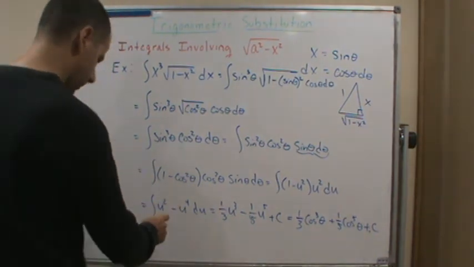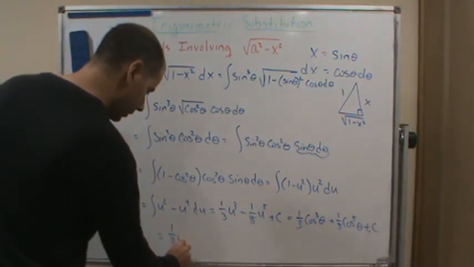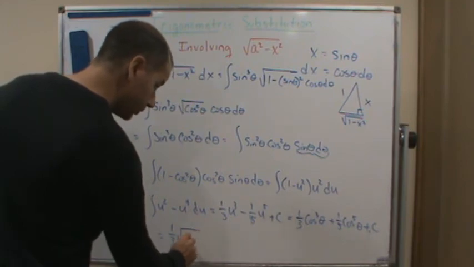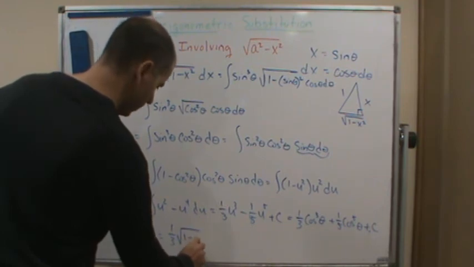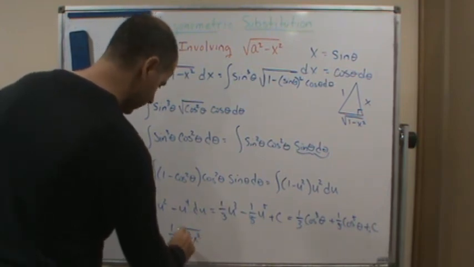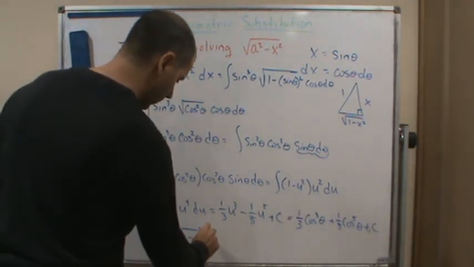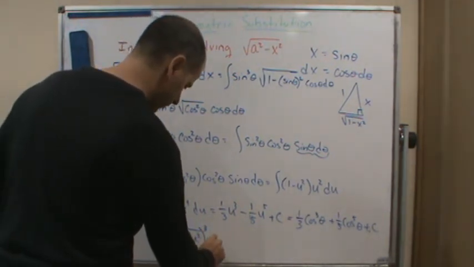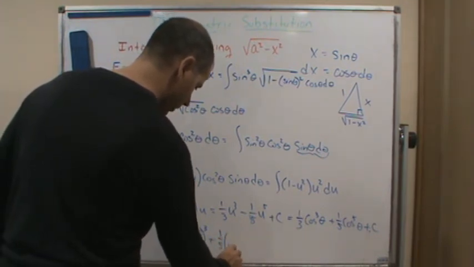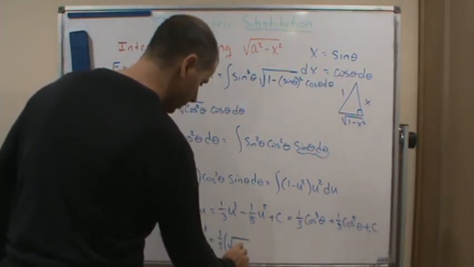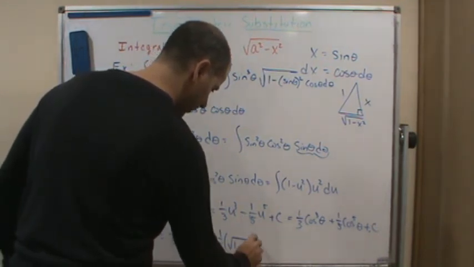So this is going to equal 1/3 times the square root of 1 minus x squared raised to the third power, minus 1/5 the square root of 1 minus x squared to the fifth power.